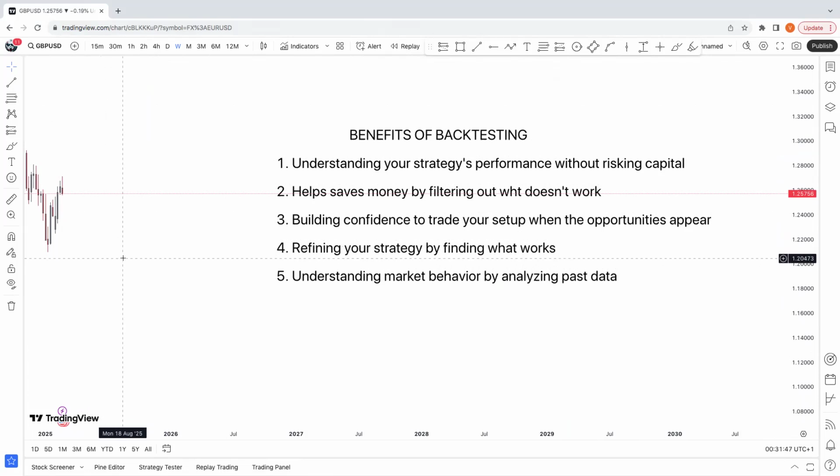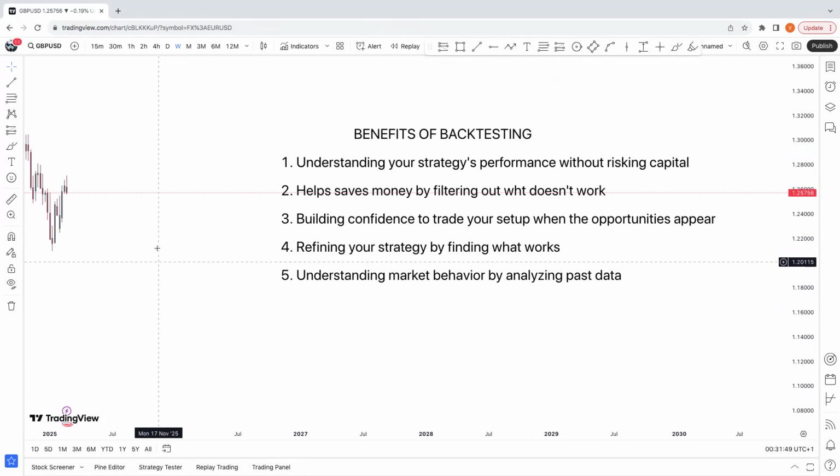So you want to start refining and fine tuning your strategy to make sure you avoid those types of trades that give you losses, because sometimes these trades are used as inducement to get your strategy to become a liquidity provider in the market. So that's one thing that backtesting will do for you.